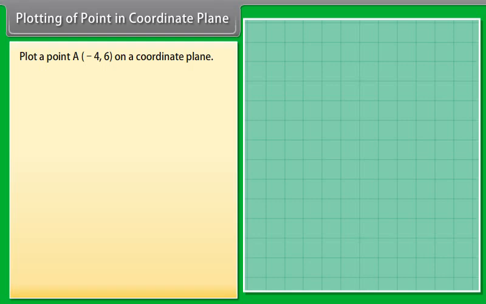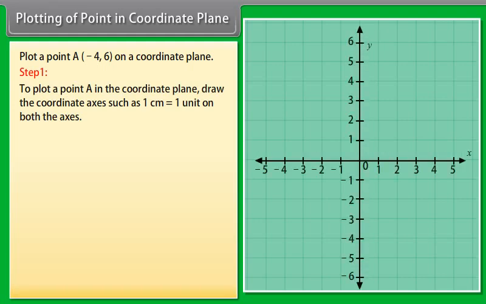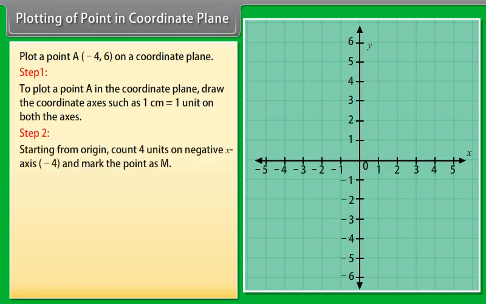Plotting of point in coordinate plane. Let us now learn to plot a point in the coordinate plane. Let us plot a point A, -4, 6 on a coordinate plane. Step 1. To plot a point A in the coordinate plane, draw the coordinate axes such that 1 centimeter is 1 unit on both the axes. Step 2. Starting from origin, count 4 units on negative x-axis, that is -4, and mark the point as M. Step 3.